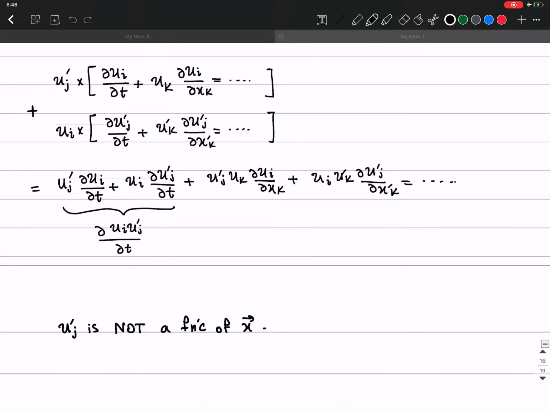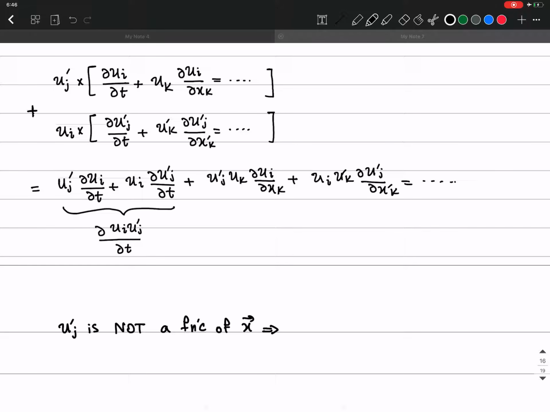This means that in this derivative, u prime j acts as a number, so we can take it inside the derivative because it's not a function of x.